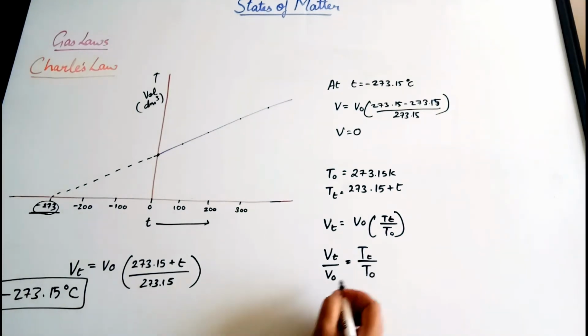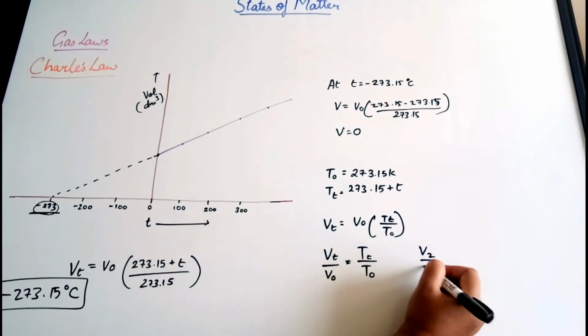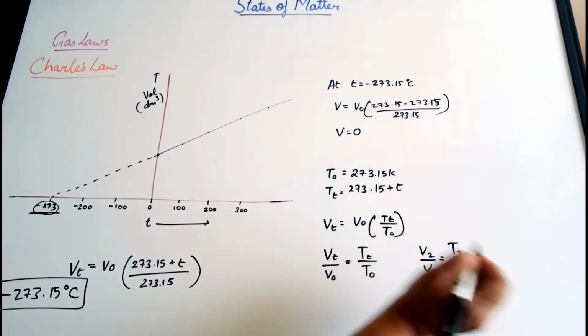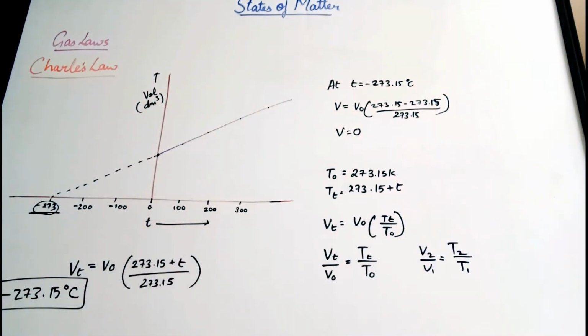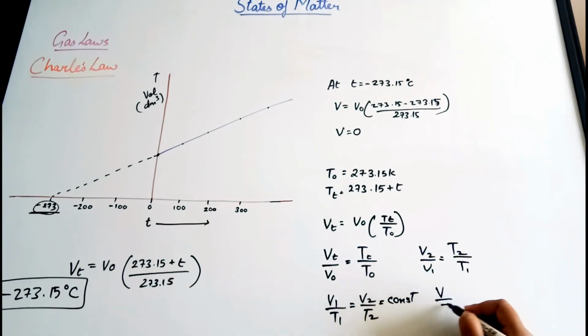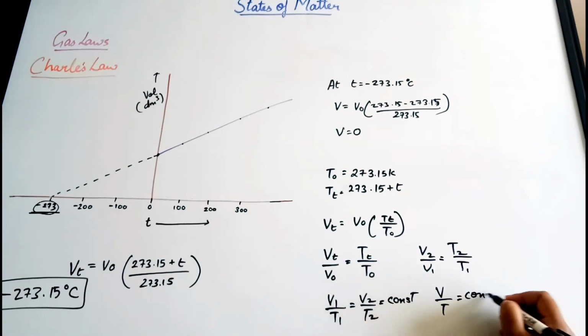So basically V2 by V1 equals T2 by T1. That is the temperature and volume at various conditions. So from this we can say that V1 by T1 equals V2 by T2, which will be a constant. So V by T is actually a constant.